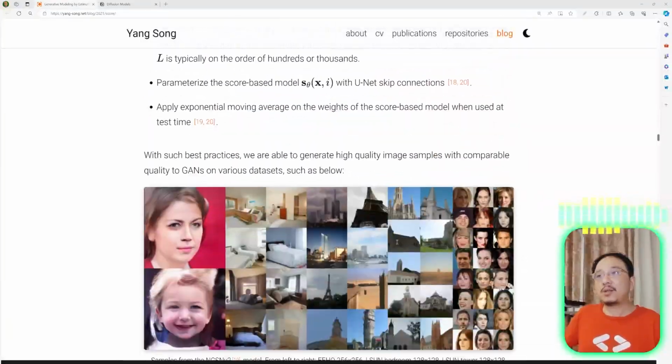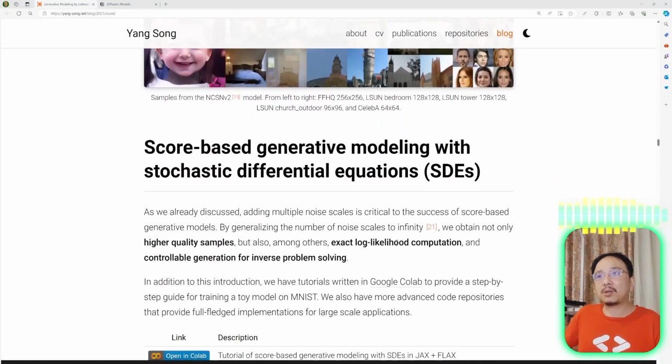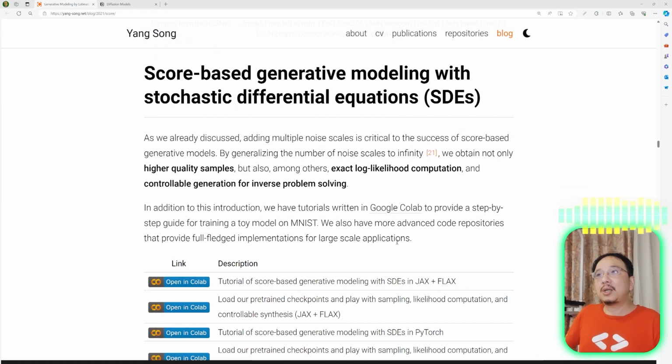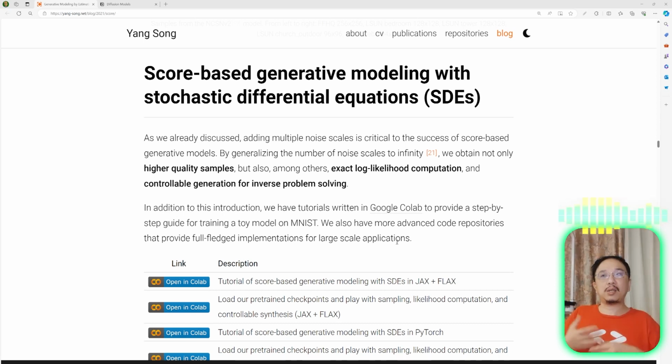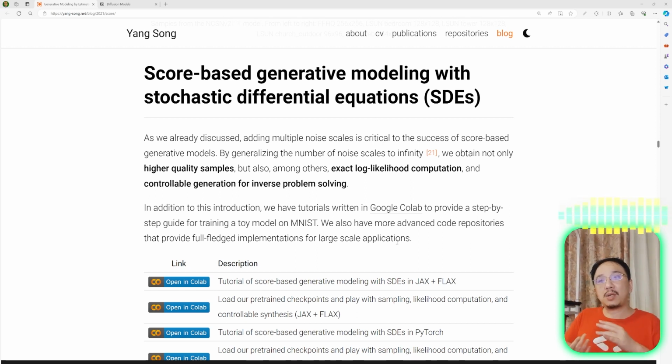The other advantage of the score-based model is that it has a relation with stochastic differential equations. Just like when we introduced the flow models, it is very natural to connect the normalizing flow with a differential equation. So the score-based generative model also has a very strong connection with stochastic differential equations.